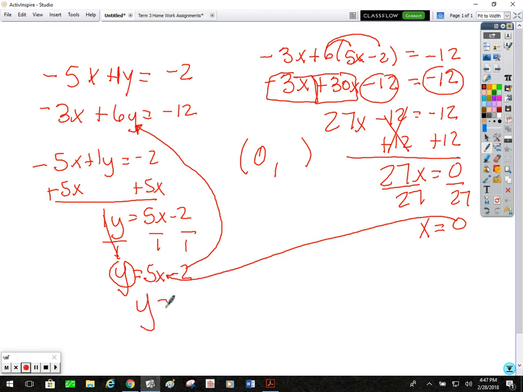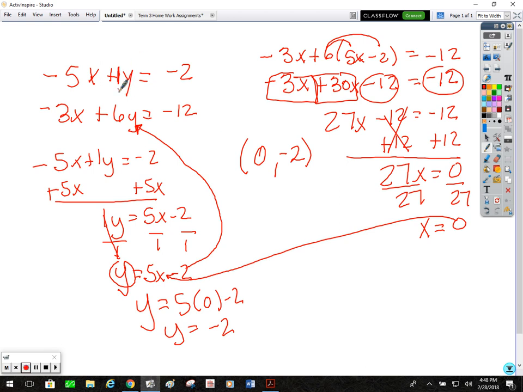So I have y is equal to 5 times 0 minus 2, which gives me 5 times 0 is 0, minus 2 is negative 2. So my solution is 0, negative 2. Okay? So you see, all we're doing is manipulating around, solving and plugging in and looking for the different variables based off of what we're trying to accomplish here.